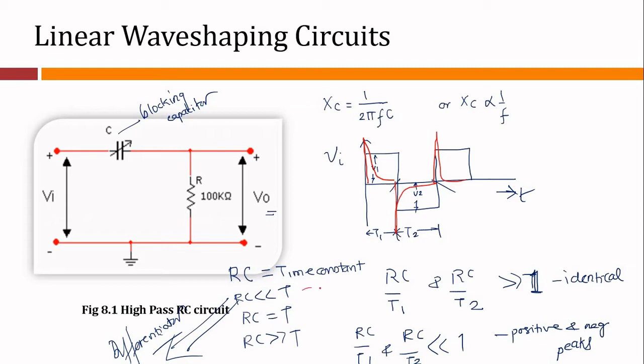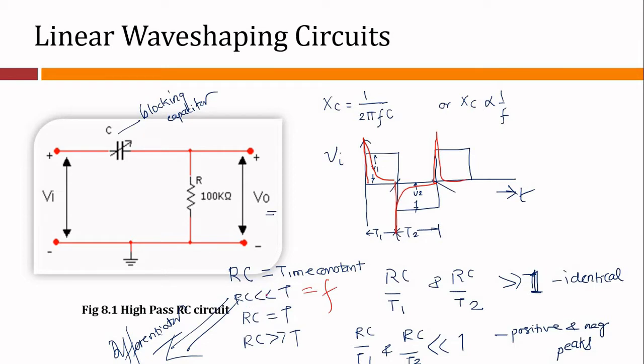T is decided by the frequency, the timing interval. All these things are related. So the output voltage across R will be a derivative of the input voltage. It is important to note that merely an RC circuit will not provide the voltage across R as a derivative. If I simply connect any value of R and C, I am not going to get the derivative of the input signal. I have to satisfy this condition.